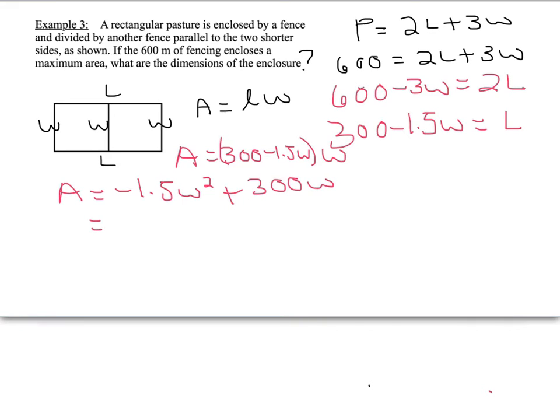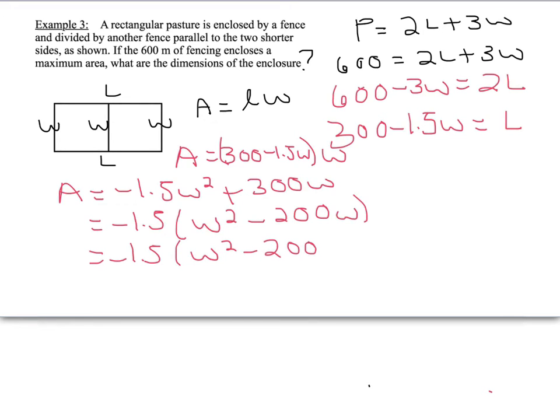Okay, now in order to maximize our area, we're going to begin completing the square. We'll factor out the W squared coefficient. We are dividing 300 by negative 1.5. Create the perfect square trinomial inside the bracket. Okay, so divide 200 by 2, and that would be 100, which we want to square.